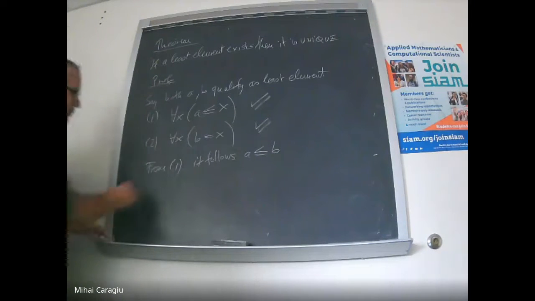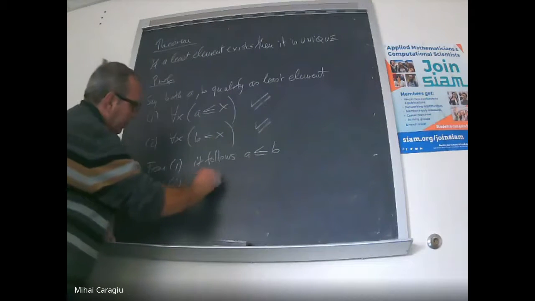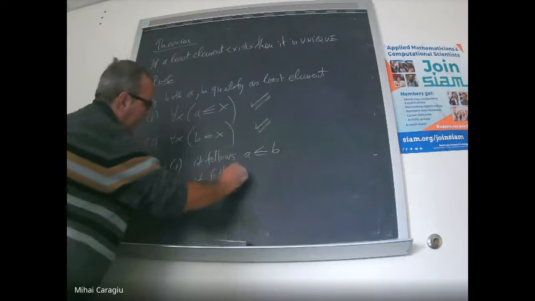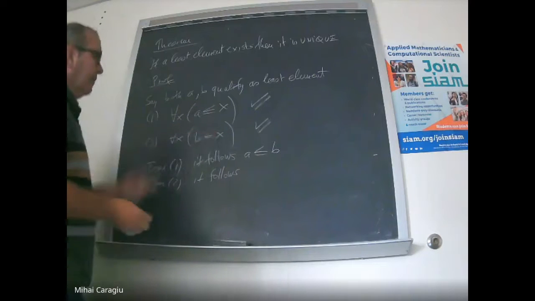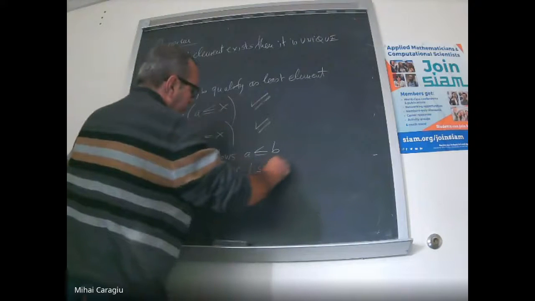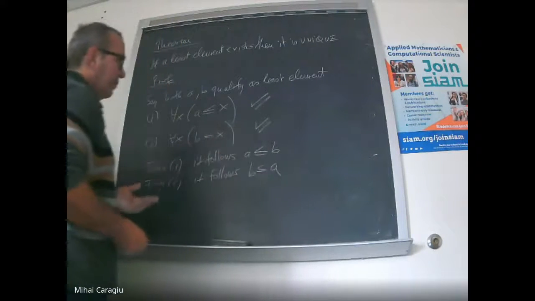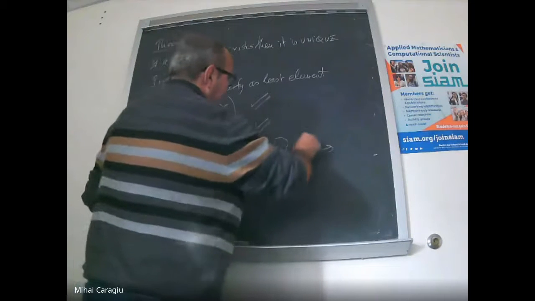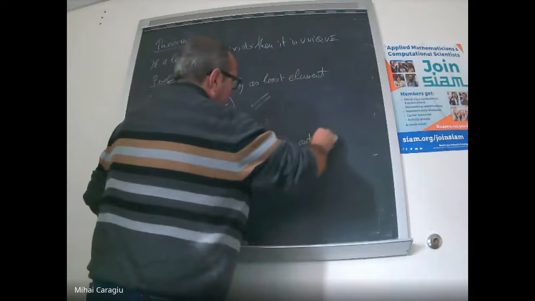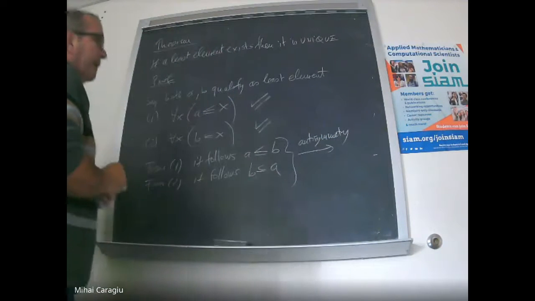From 2, since B is less than or equal to x, no matter what x is, B is less than or equal to A. Now we have A less than or equal to B and B less than or equal to A. From these two, via antisymmetry, what is the antisymmetry of the relation?